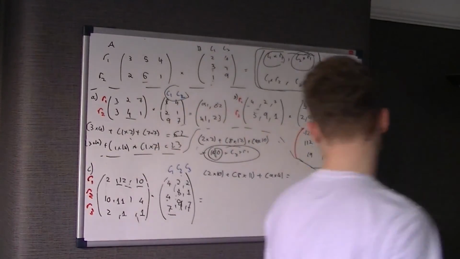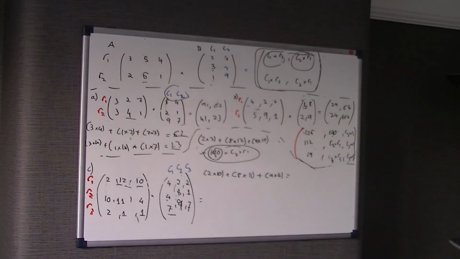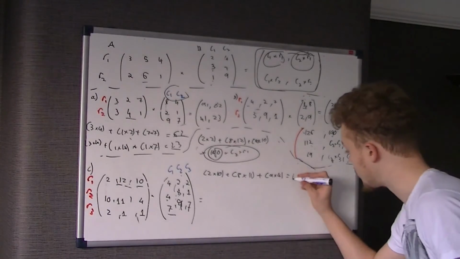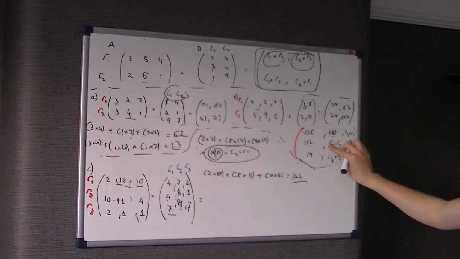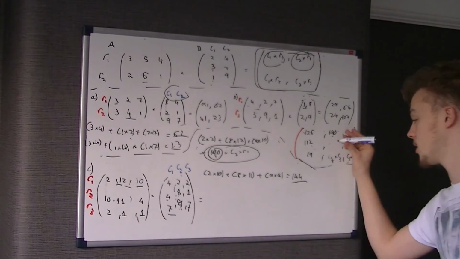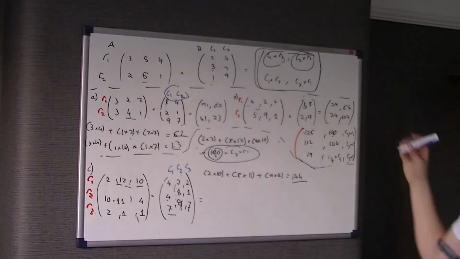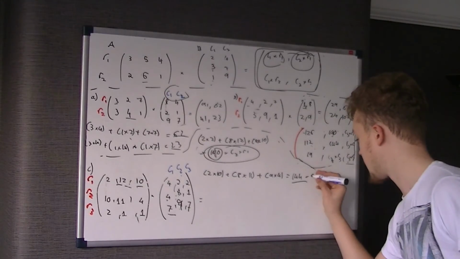In other words that's 20 plus 88 plus 36, which gets you 144. And that's column 2 times row 2, which is the middle one in our answer matrix: 144.